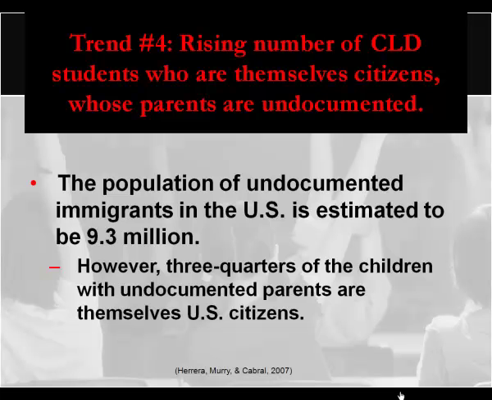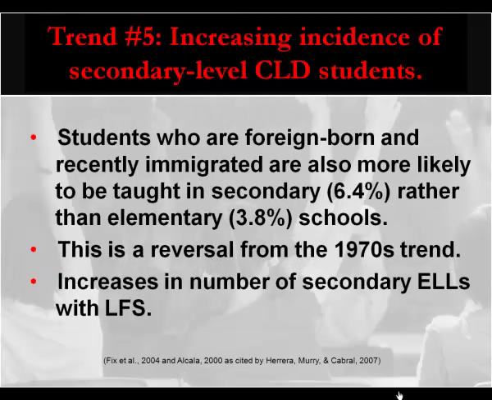Trend 4, rising number of CLD students who are themselves citizens whose parents are undocumented. The population of undocumented immigrants in the U.S. is estimated to be 9.3 million. However, 3/4 of the children with undocumented parents are themselves U.S. citizens.